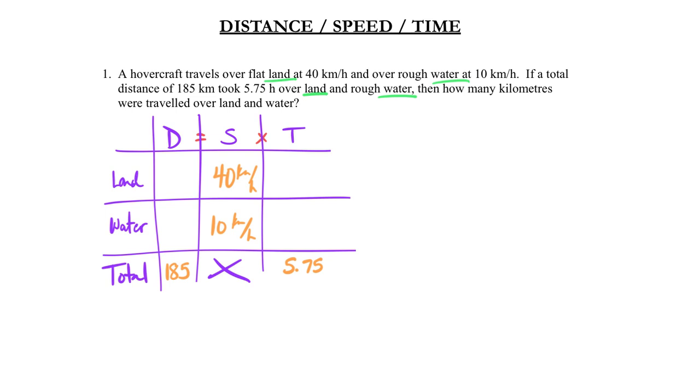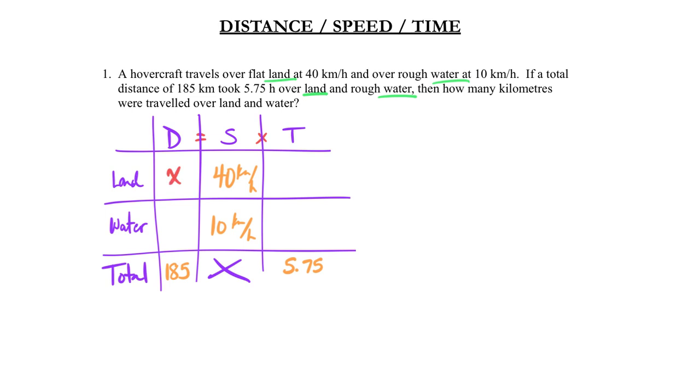Okay, take a look at my two columns now that have missing information, my distance and my time. I can start plugging in variables that allow me to build my equation. Watch what happens. I'm going to first build it to mimic what we did in the last problem. I'm going to let my distance on land be x.